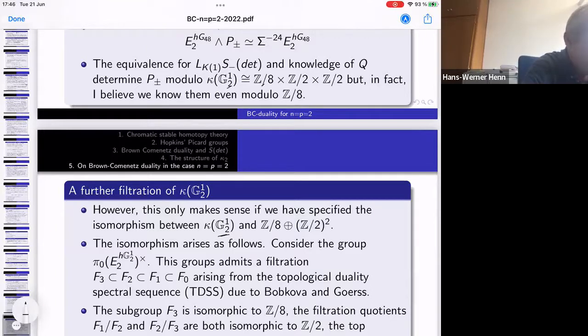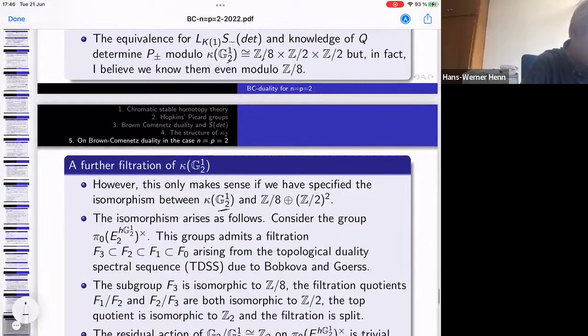I'm not going to go into the details of that, but there's a certain filtration of length 3, and it arises from another spectral sequence which has been useful in the project with Agnes and with Paul.